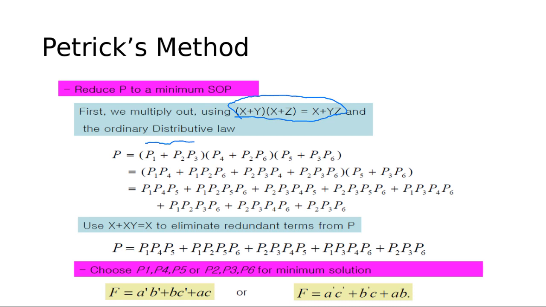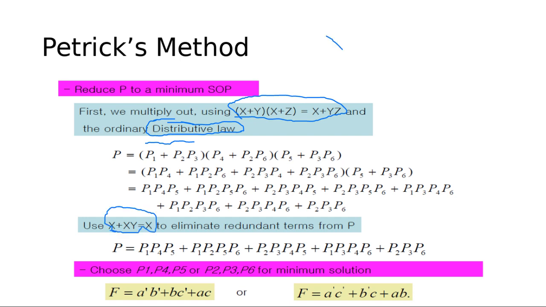Okay, this is the ordinary distributive law, you know, from the first Boolean algebra lessons. And you do the multiplication, and also you can eliminate the redundancy using these rules.